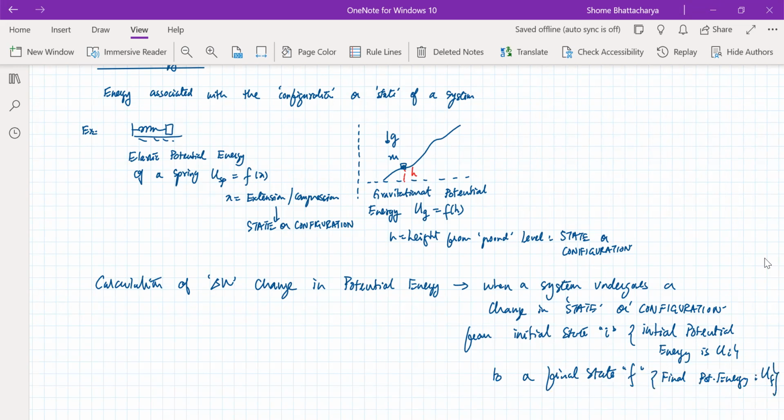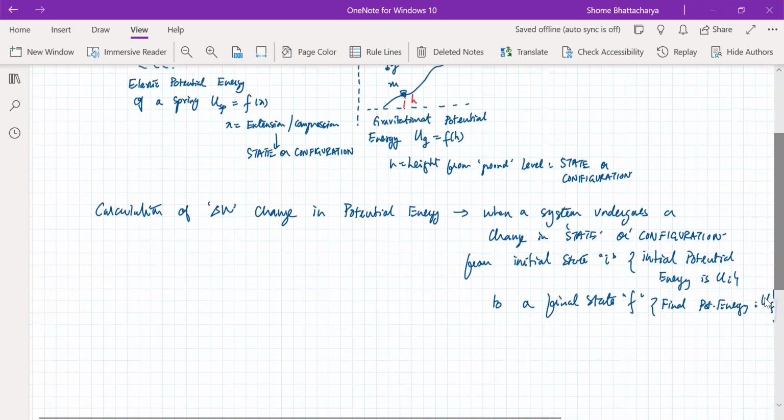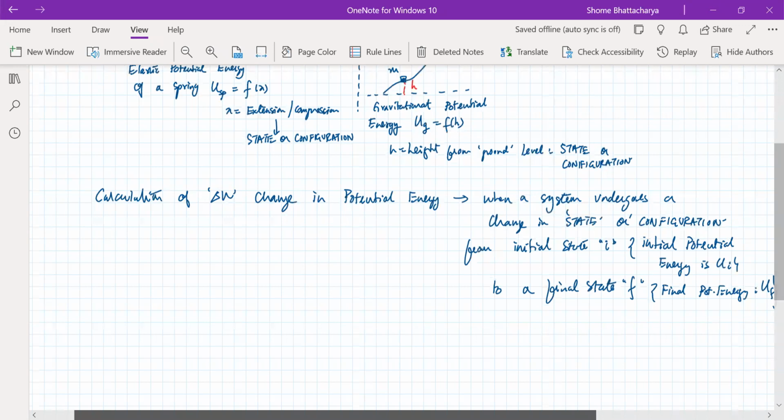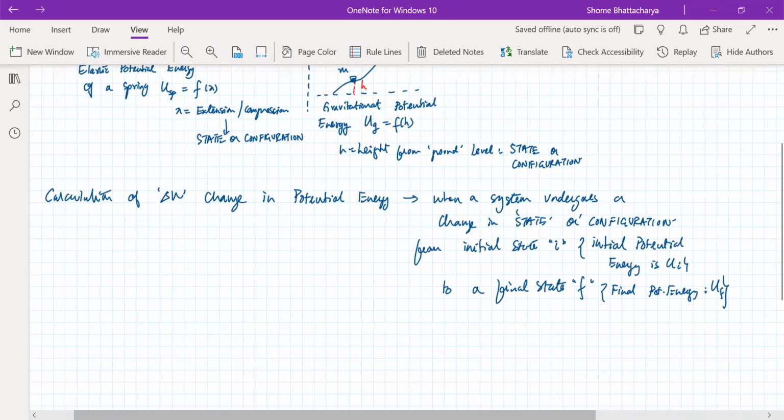So in this process, the change in potential energy, or delta U, which is the final potential energy minus the initial potential energy, can be calculated as the work done by the external agent.